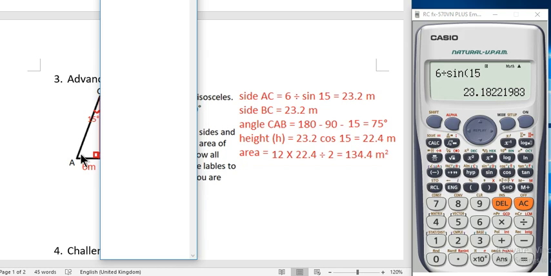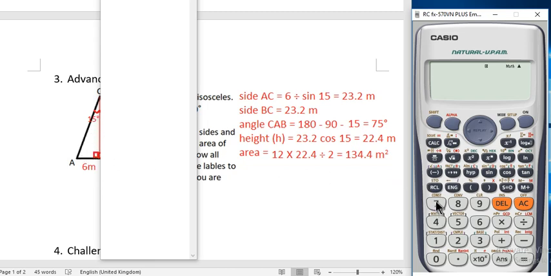Start with 180 minus the 90 minus the 15, and we get 75. Now if you want to check that, just check to see if all of the angles inside the triangle add up to 180.